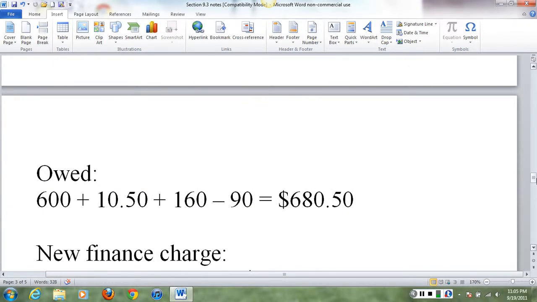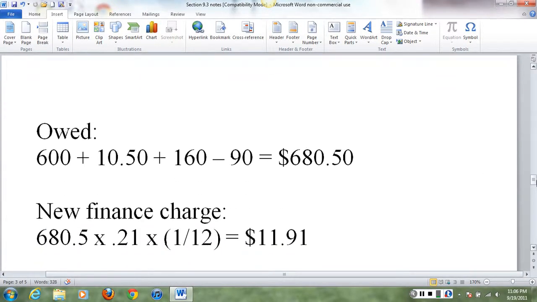What we're charged with is, of course, the previous $600, the finance charge on that, the $10.50, the $160 which we purchased, and of course we can take away the $90 because that's a payment. So it leaves us with a new balance of $680.50 for the following month. And we can calculate our finance charge on that, which would be 680 times 0.21 times 1/12, for $11.91.